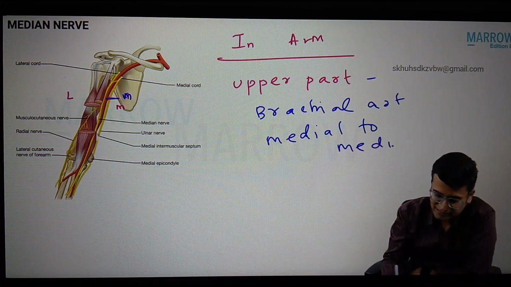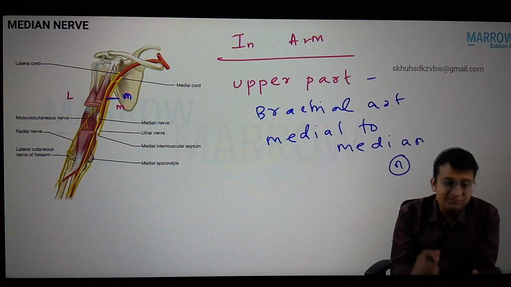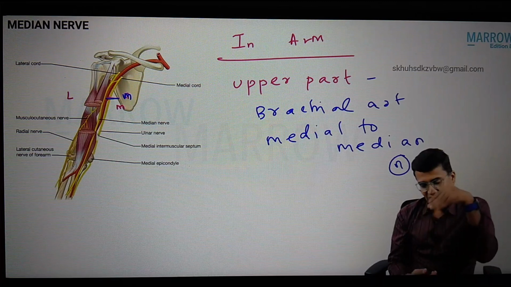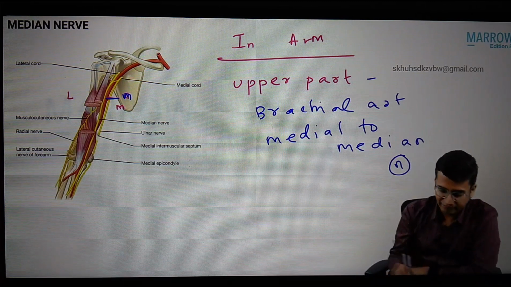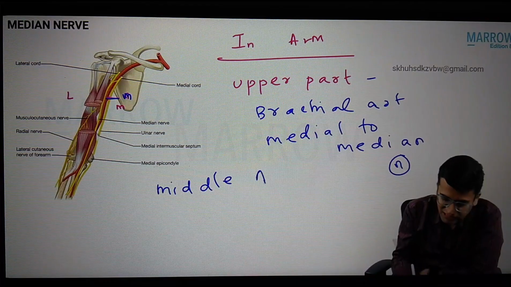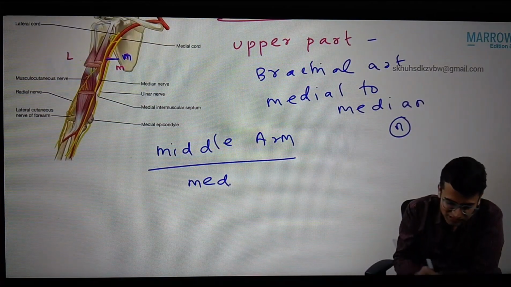In the middle of the arm, the median nerve changes direction, crossing the brachial artery from the lateral side to the medial side, and maintains the same relation. See, it is crossing here.